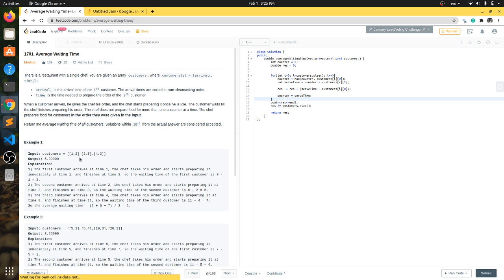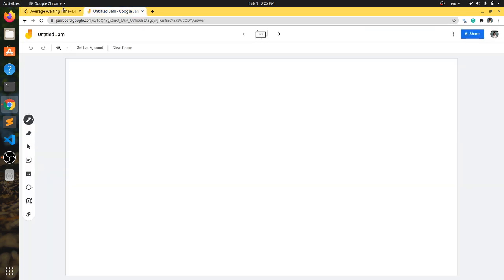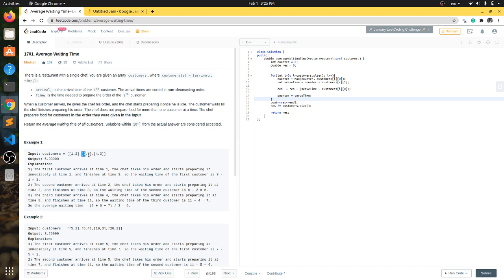If we analyze that, the first customer arrives at the first minute, and the dish will be prepared in 2 minutes by the chef. The second customer will come at the second minute, and the dish will take 5 minutes to be prepared.